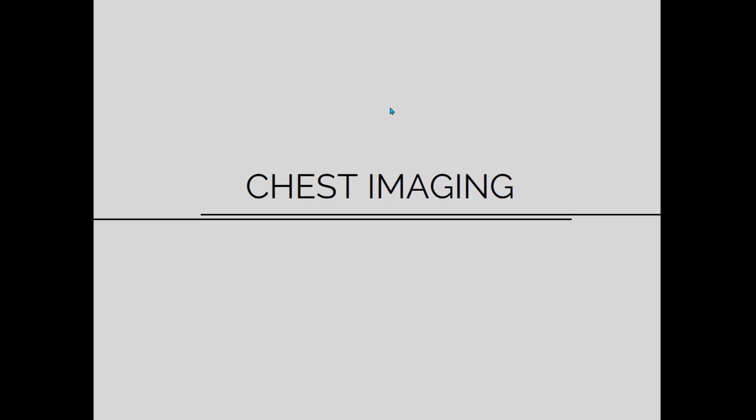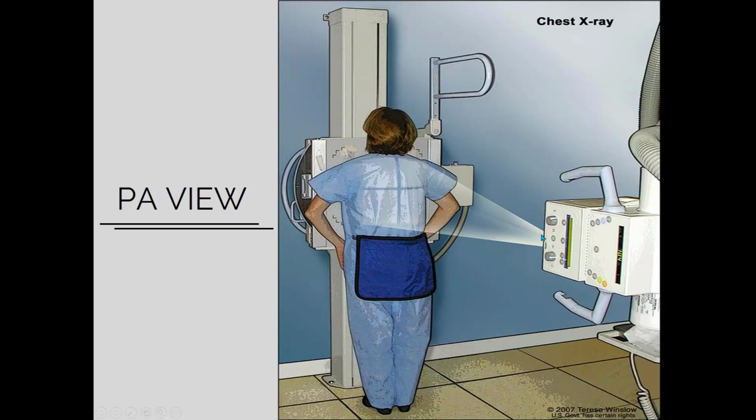Now chest imaging. In chest imaging, just remember that you should also write down X-ray chest, PA view, or X-ray chest, AP view, semi-erect or supine. Okay, so what is the concept of the PA view? Basically the rays are coming from the back side.